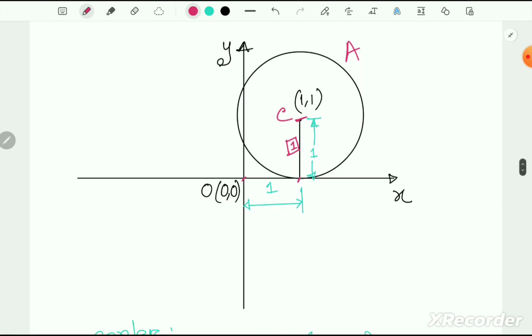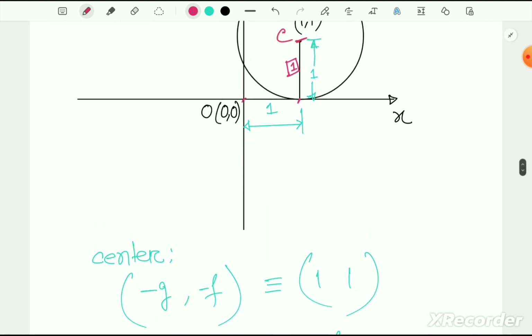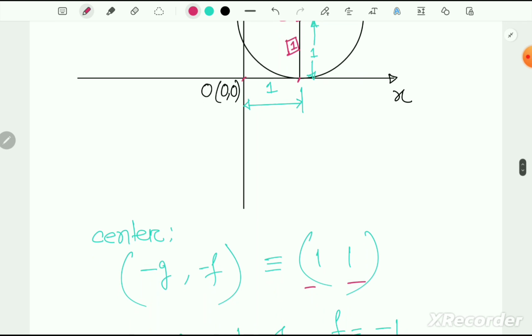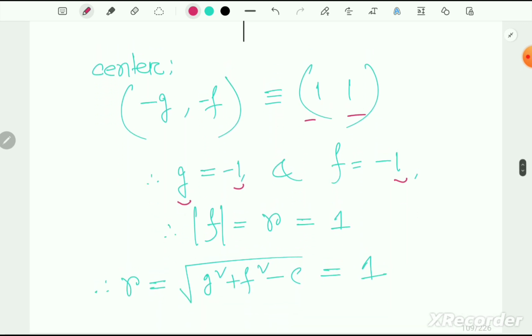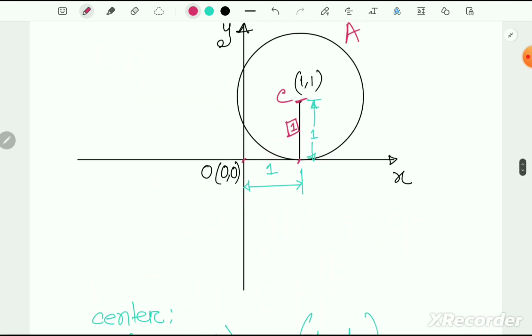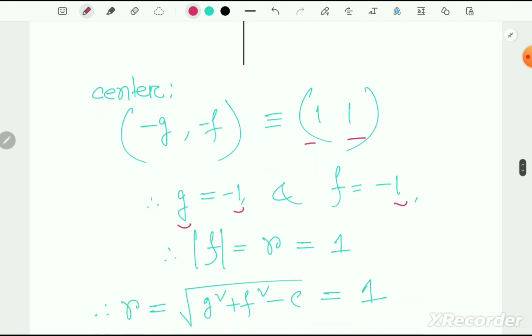Therefore we can simply write the center of this circle is (1, 1), and we know the center is represented by (-g, -f). Therefore we can write the value of g is -1, the value of f is -1. And what is the value of r? We also find that it's actually 1.